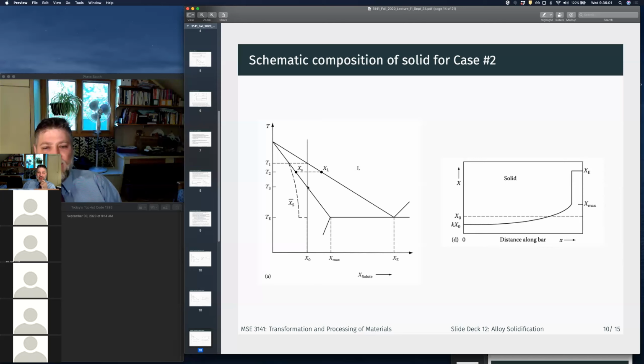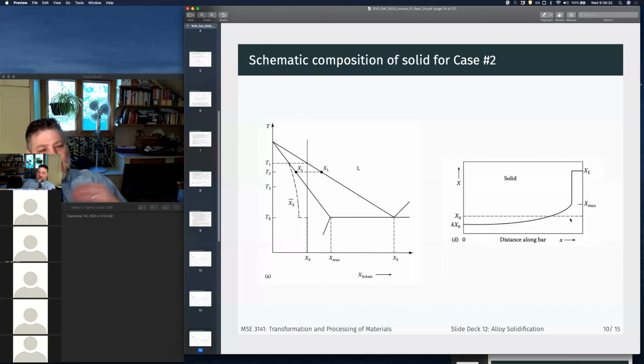So now I have to think about freezing out a liquid that's more concentrated than it was, you know, initially, right? And because we don't have any diffusion, this area here needs to match another area over here. So that means the composition of my liquid is now above my alloy composition.